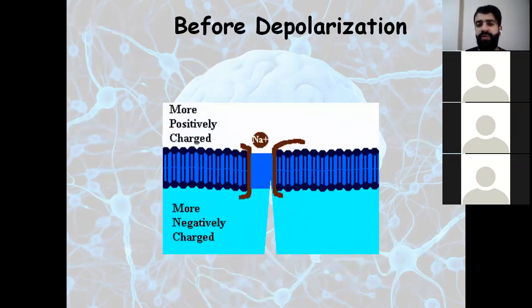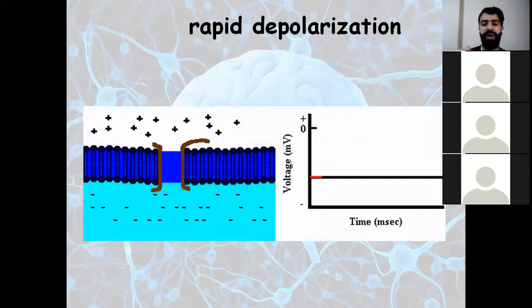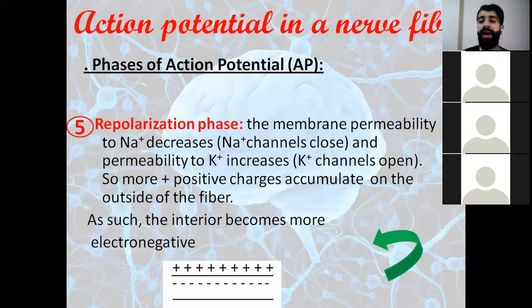This is the figure before depolarization. We have rapid depolarization since more positive will enter inside the cell. So the entering of Na plus inside the cell moves from the negative toward the positive. This is called depolarization.